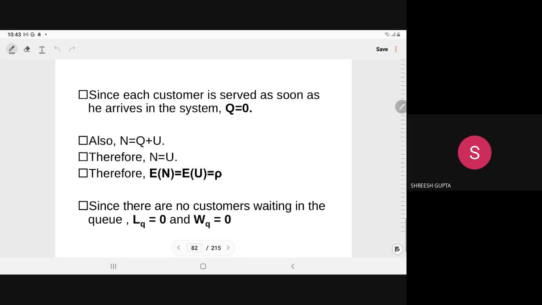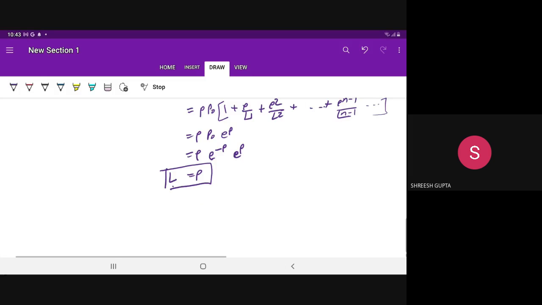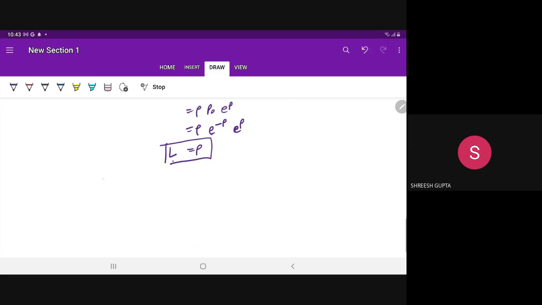Since each customer is served as soon as he arrives, there is no chance of a queue in this case, for the self-service model. There is no queue.